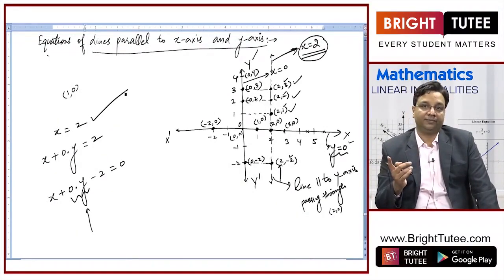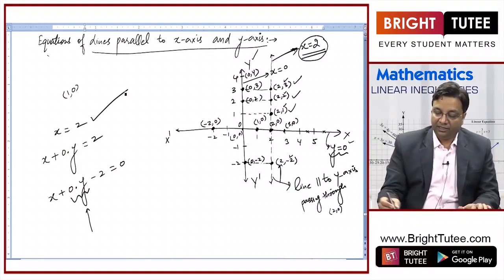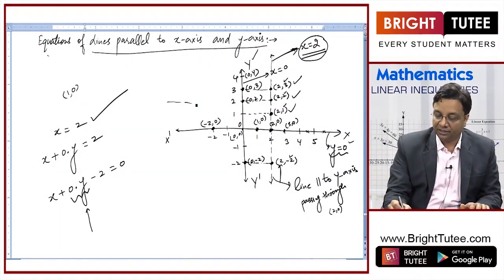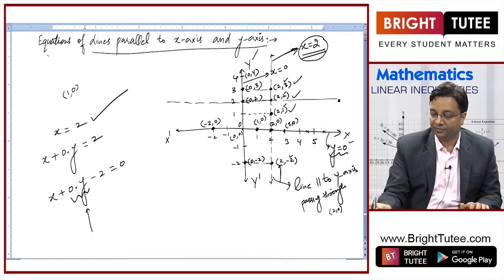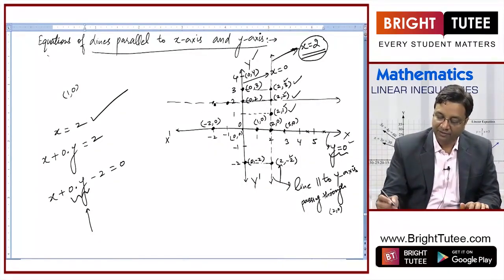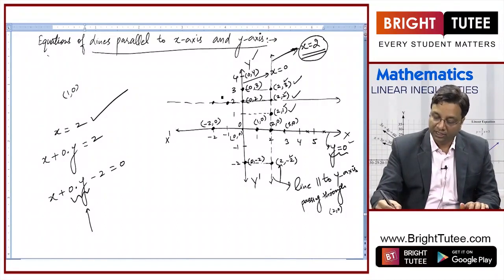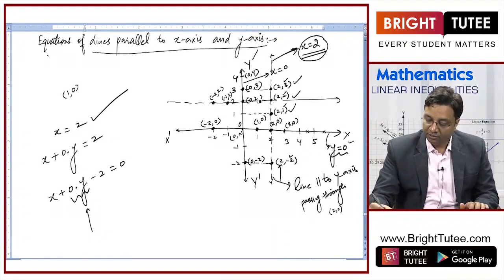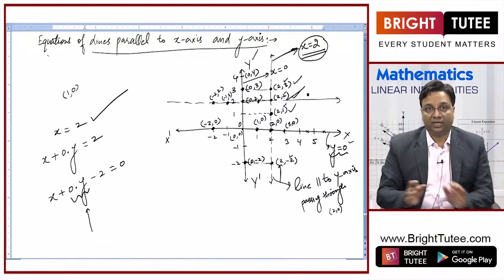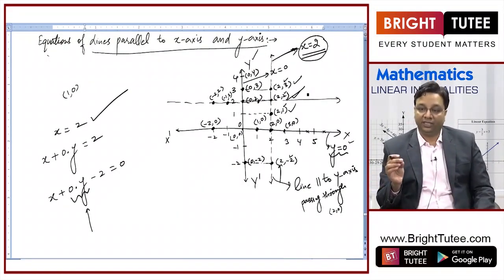Similarly, if you draw a line parallel to x-axis, let us say this line here, every point on this line will have its y coordinate as 2. The x coordinate can be different. For example, this is minus 1, 2, this point is negative 2, 2, this point is 1, 2, this point is 2, 2. So at every point you will have y coordinate as 2.